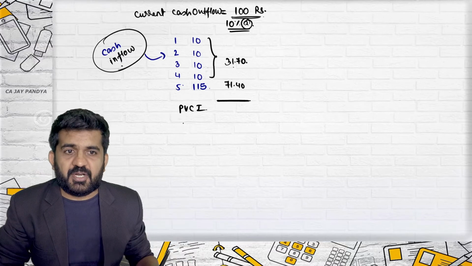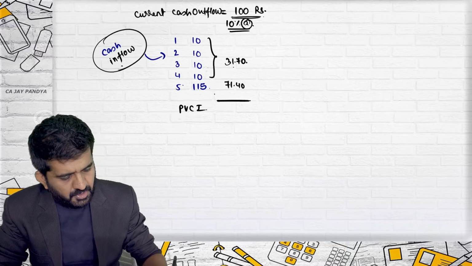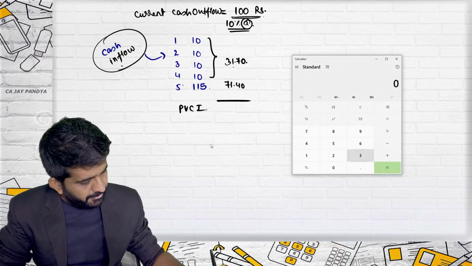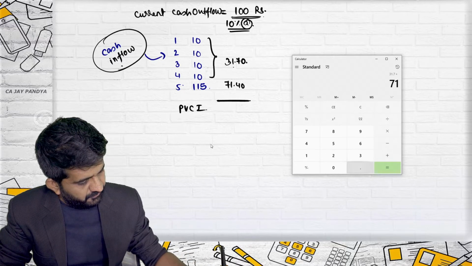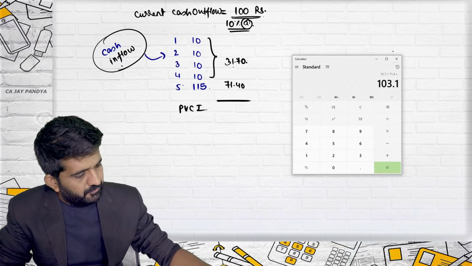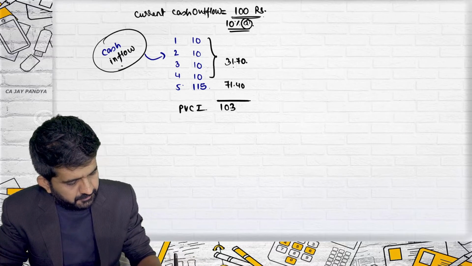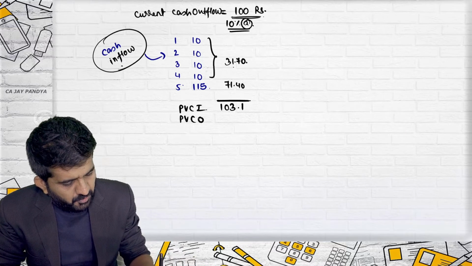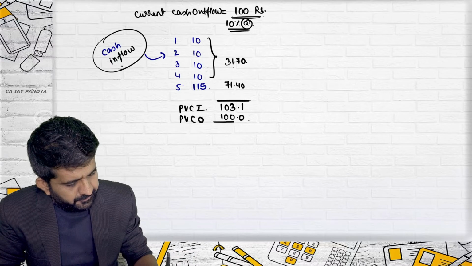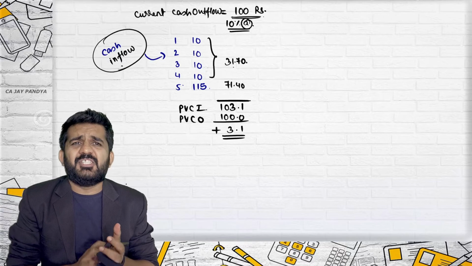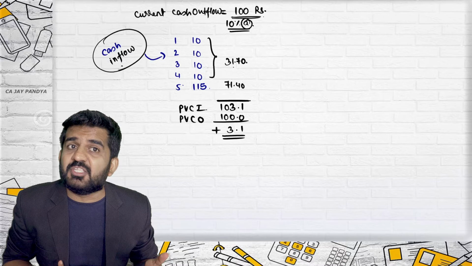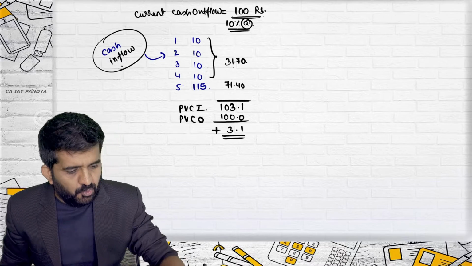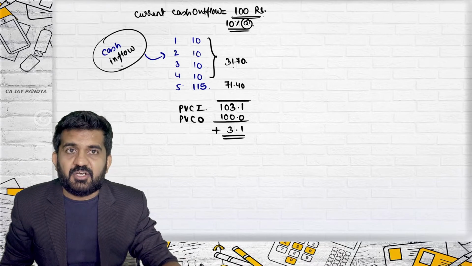I have just found out the present value. Now I will not be repeating present value. What is the present value of cash inflow? 31.70 plus 71.40, which is 103.1. What is the present value of cash outflow? It is 100. What is the answer? Positive 3.1. See, if we just treat it as a project, and for an investor, this is a project, the project is earning more than 10%.